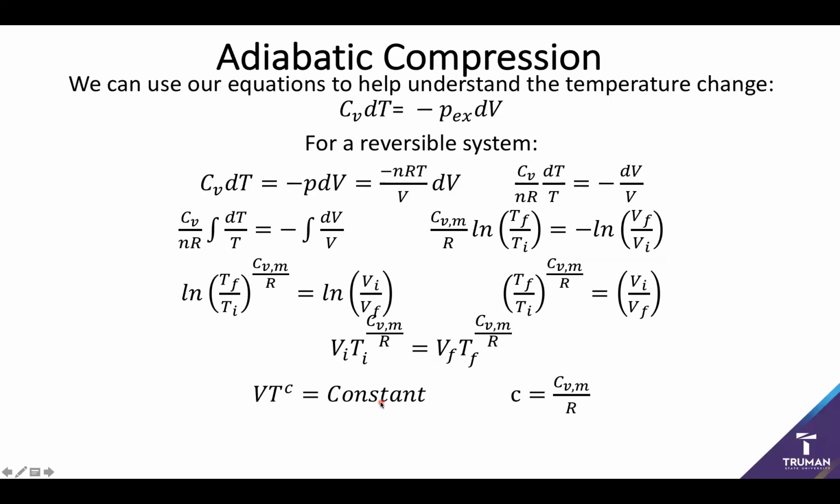And as I said before, we can also try and use this to figure out our relative temperature increase for a volume change. And so we do this by essentially taking the inverse, raising both sides to the R over heat capacity, putting R over heat capacity over here on our right, and getting rid of it from above our temperature, and then essentially multiplying our initial temperature by both sides.